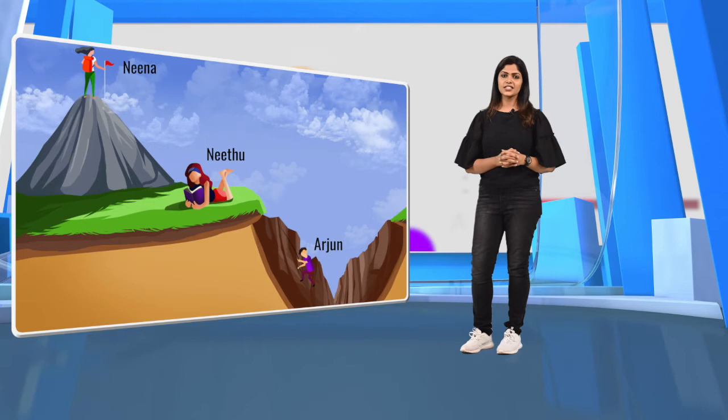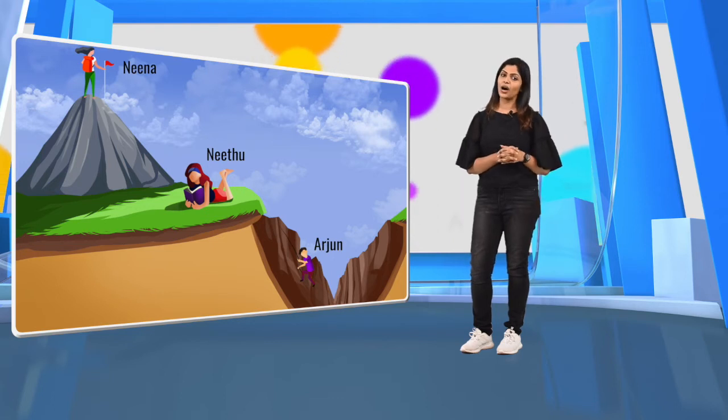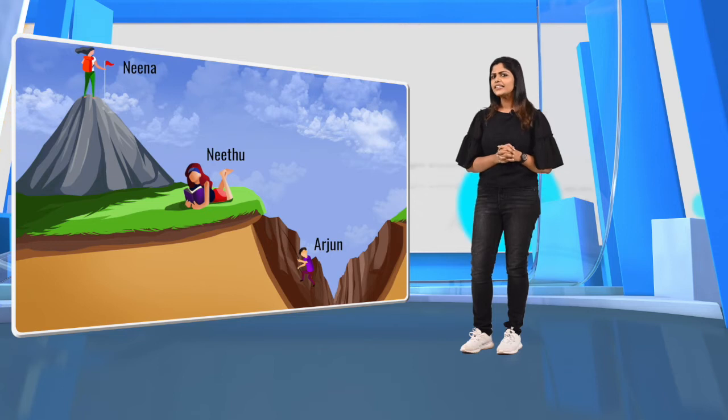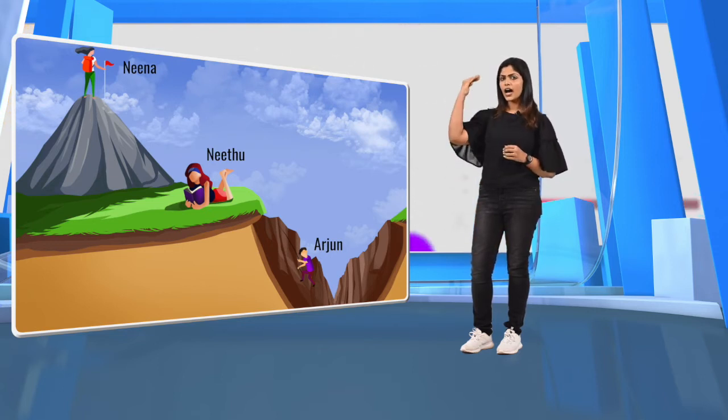Each of these people is being exposed to a different amount of air pressure. The question is, who is under the most pressure and who is under the least? If we go back to our definition that atmospheric pressure is caused by the weight of the air above you, it becomes clear that Neena has the least amount of air above her because she is high up, so only a small amount of air pressure is pushing down on her.